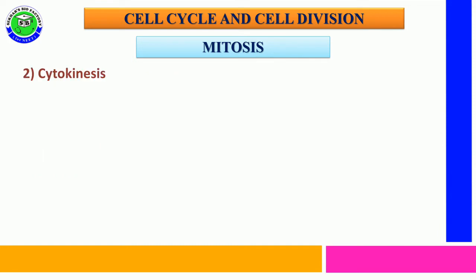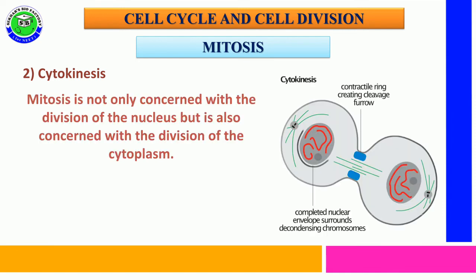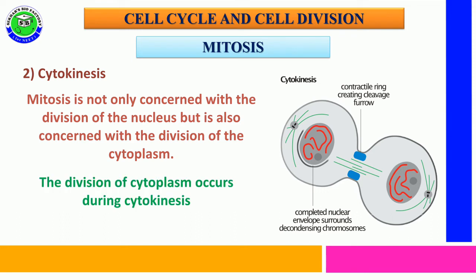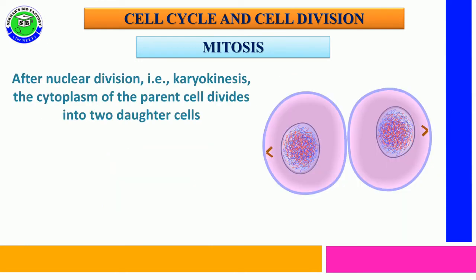So, the second main phase in mitosis division is cytokinesis. In mitosis, division is not only concerned with division of the nucleus; along with nuclear division, cytoplasmic division also takes place. The division of cytoplasm that occurs after completion of karyokinesis is referred to as cytokinesis.